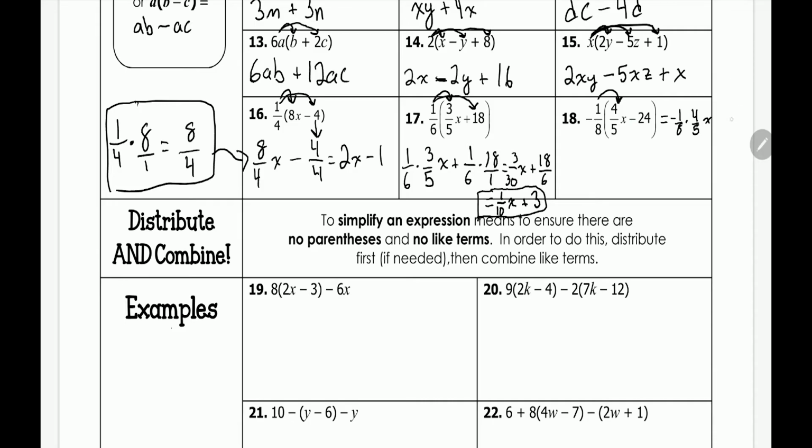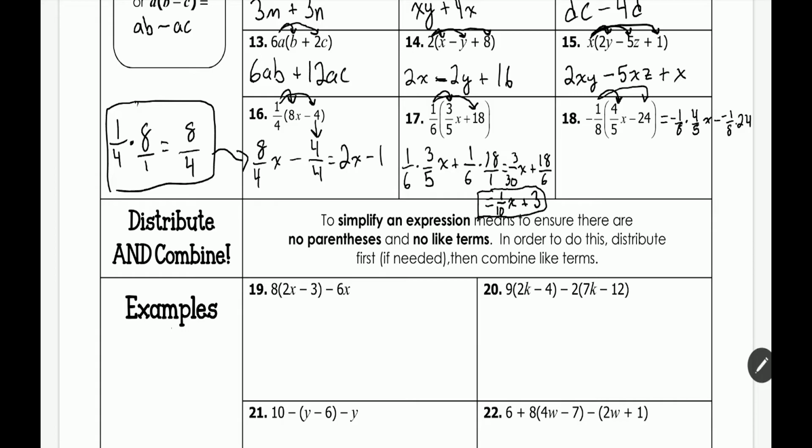Then we're going to put whatever sign is here. So this is negative or minus. Let's make that look like a minus sign. Alright, then we have negative 1/8 multiplied by 24.